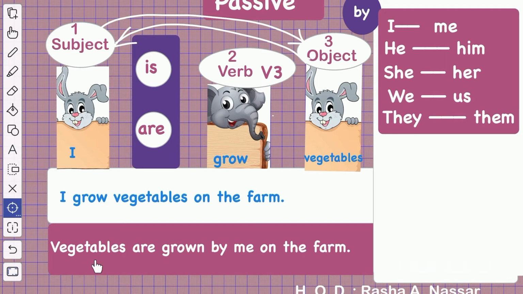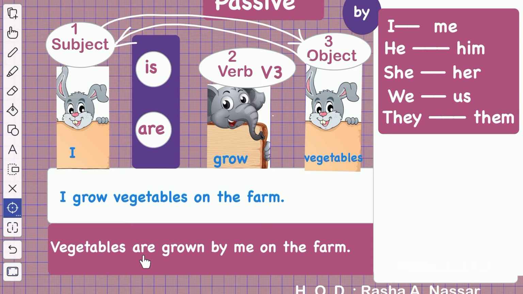If the object that we begin our sentence with is plural, we will choose are. So here, vegetables are. I cannot say vegetables is, vegetables is plural. So step number 2, we will choose are.